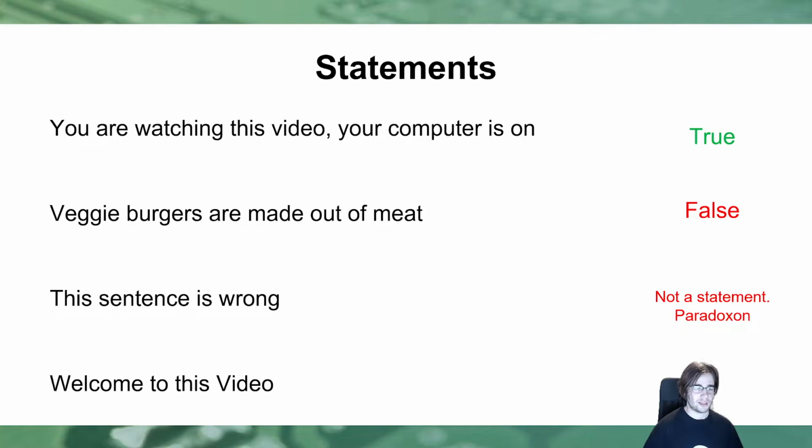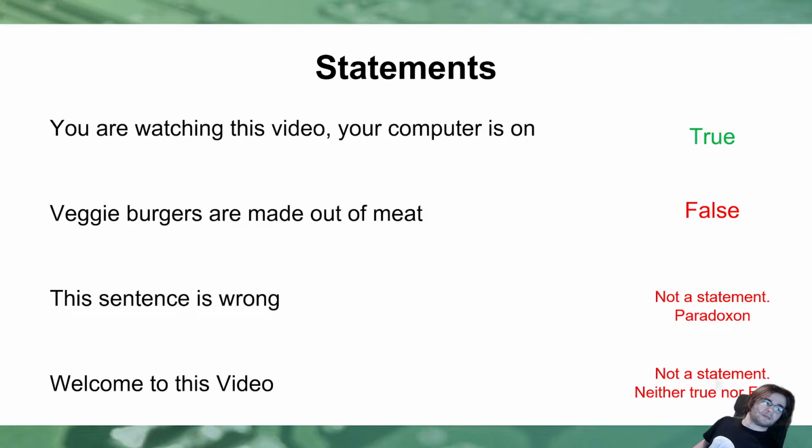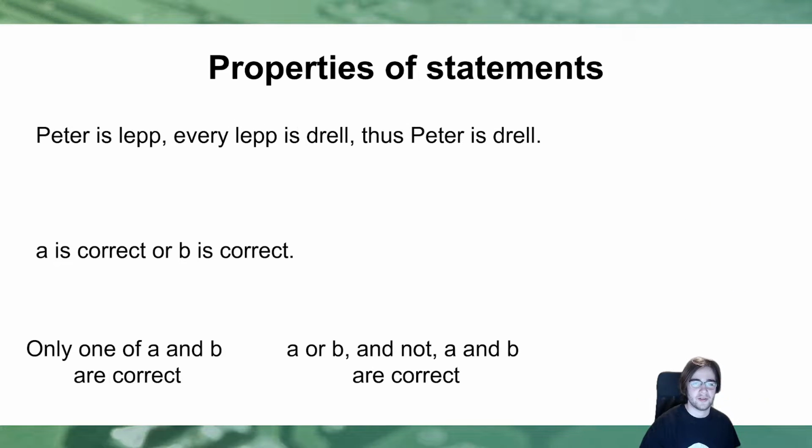You cannot assign it as true or false, so it is not a statement, and I am in front of the thing again. It's not a statement, neither true nor false. That's what it says behind me. I should have thought more about where I put them, but we just continue.